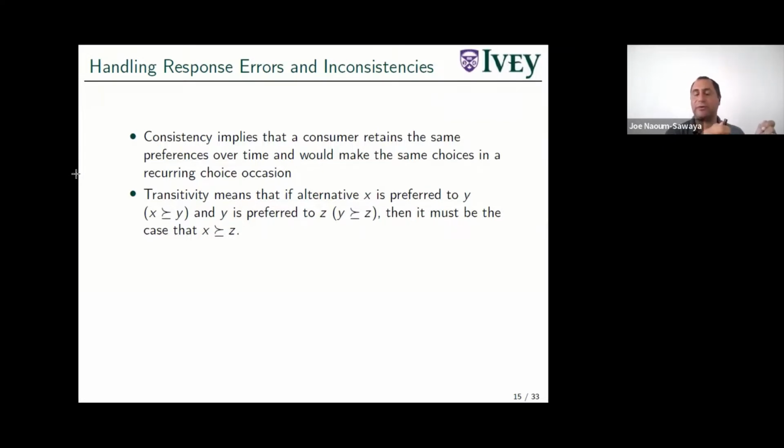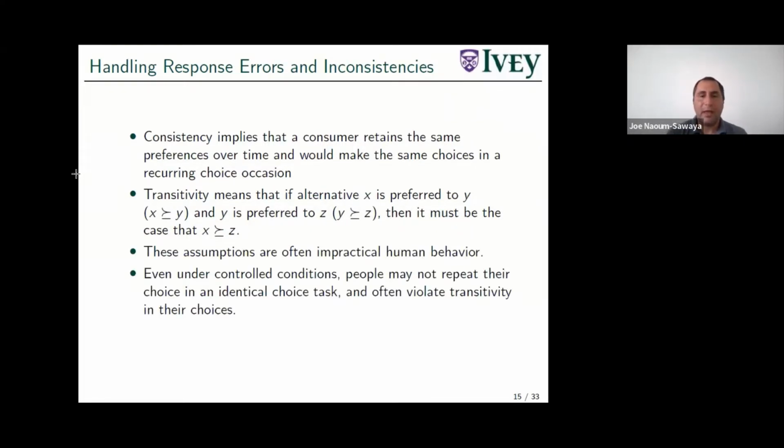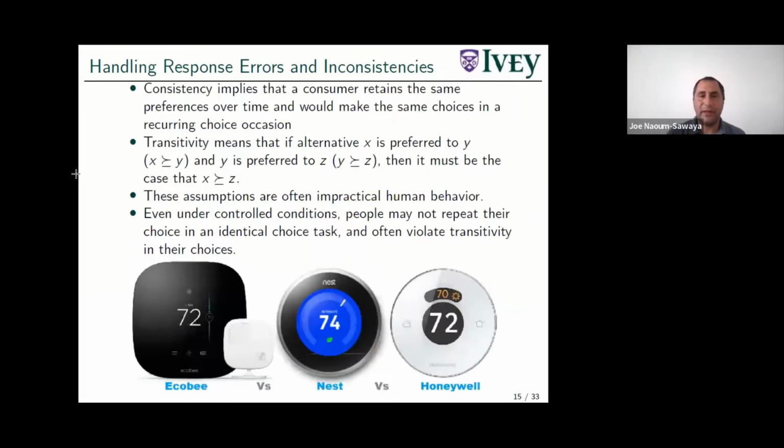If you prefer 1 over 2 and 2 over 3, why do you flip your choice when you show products 1 and 3? This is not uncommon in reality. So the assumptions of consistency and transitivity are impractical when it comes to human behavior, and there is lots of evidence from consumer behavior. Even in a controlled environment this is not true, and in an uncontrolled environment it's even worse.